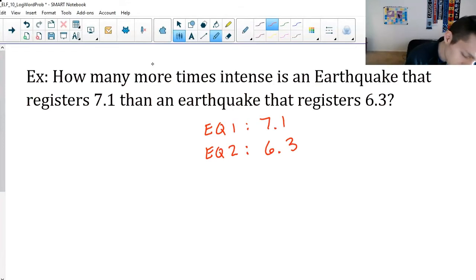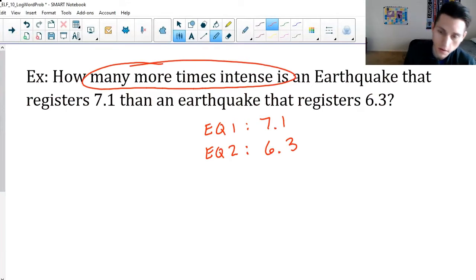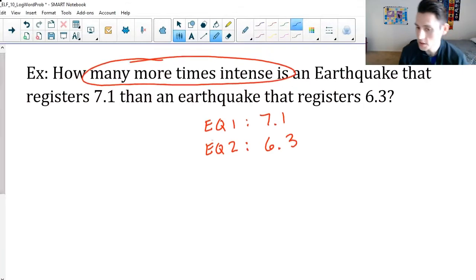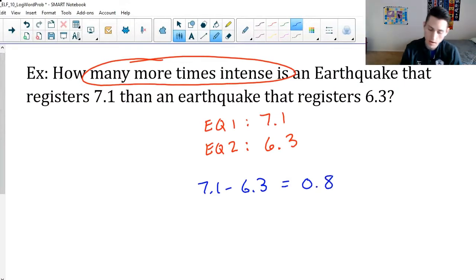The question is how many more times intense, the intensity. It is useful for us to know the difference in the magnitude between them. So this is the difference in the magnitude.